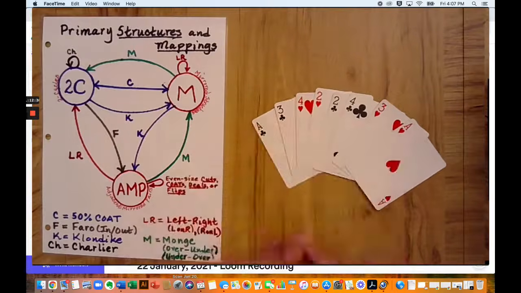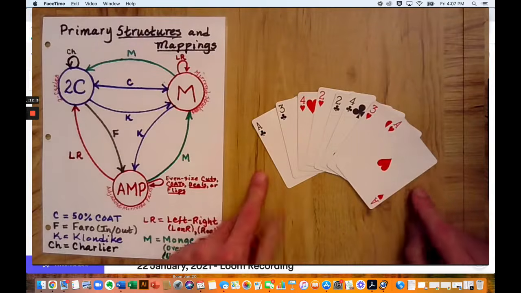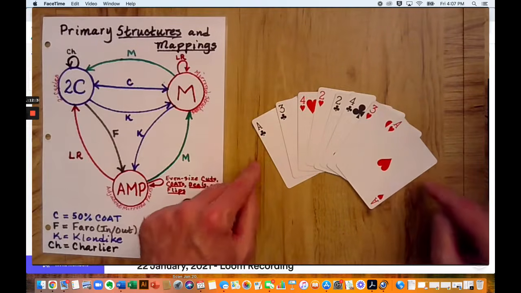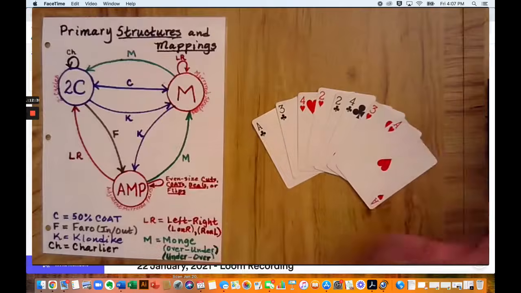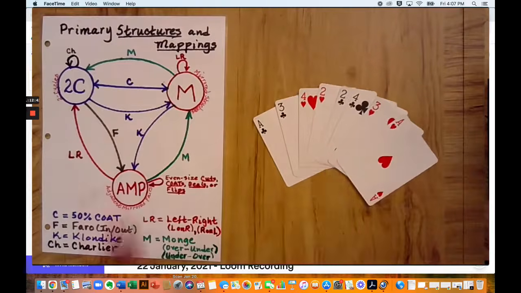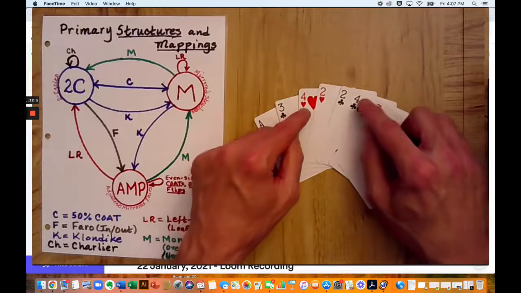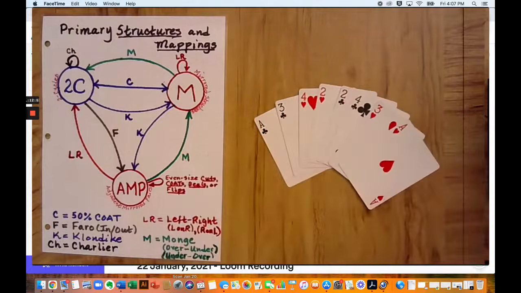But I have given you the tools to understand this much, that this is mirrored, because what we need, I guess you can just call them mirrored pairs, they need to be equivalent. Equivalent here means that the cards have the same value. So these have the same value, those have the same value, these have the same value, and so forth.